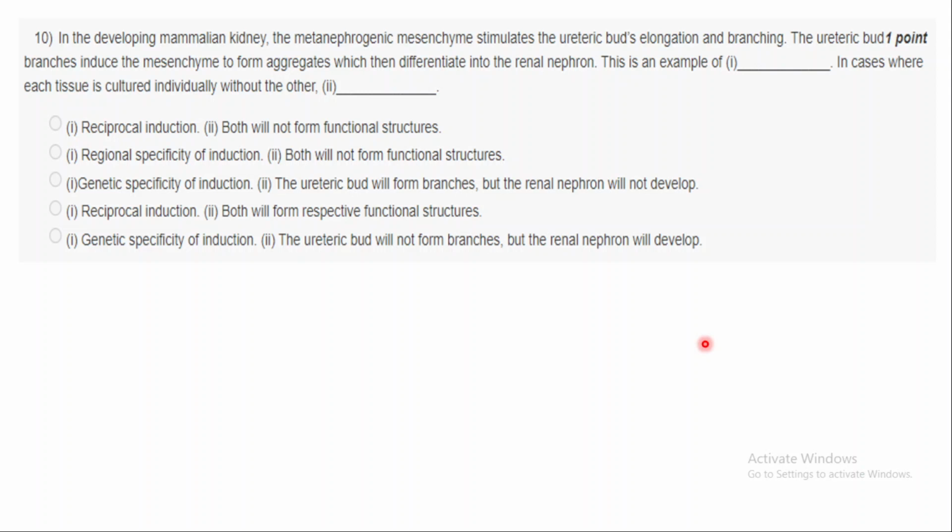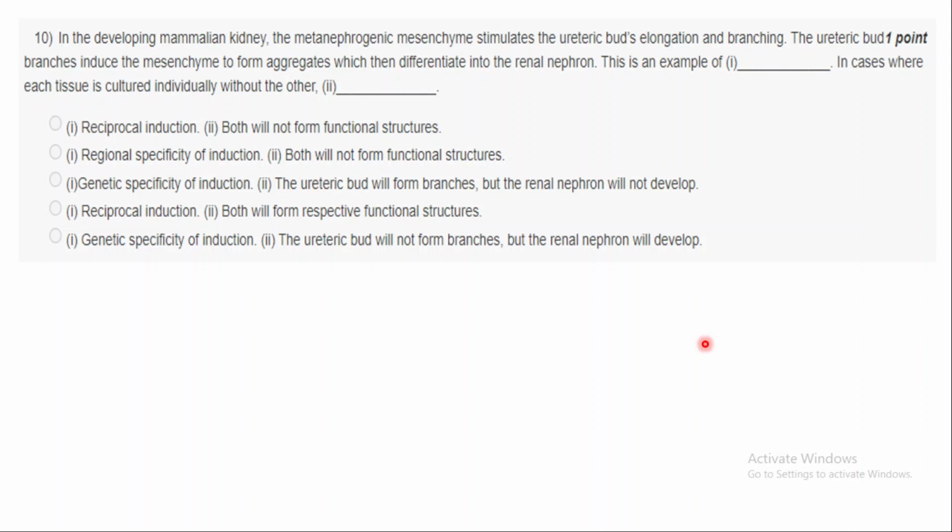Option D, reciprocal induction, both will form respective functional structures. And last option, option E, genetic specificity of induction, the ureteric bud will not form branches but the renal nephron will develop.